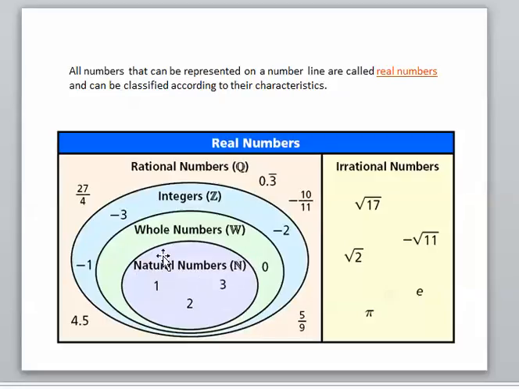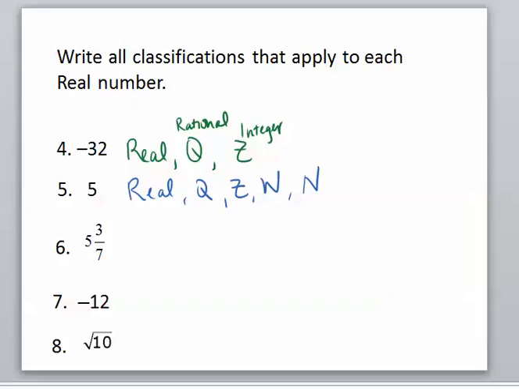And since it's a natural number, it becomes a whole number as well. So it happens to be all 5 subgroups. The next one is a real number, and it's rational because it can be expressed as a fraction. It is not an integer because it has a fraction form. Integers look like this part right here where they don't have a fraction or a decimal.